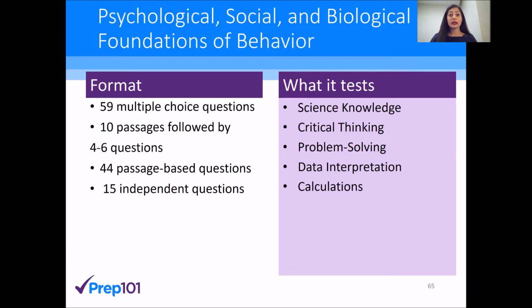Now, one thing that I do want to add here is that this section is extremely important. It's the new section. It's the one that we probably don't know much about because the test has only offered it for 2 summers. But there's an important reason that the AAMC introduced it.